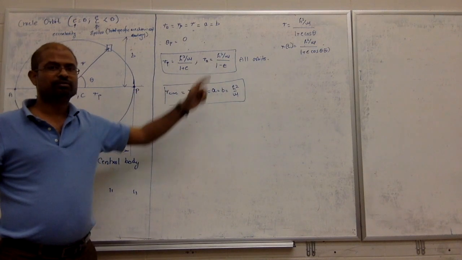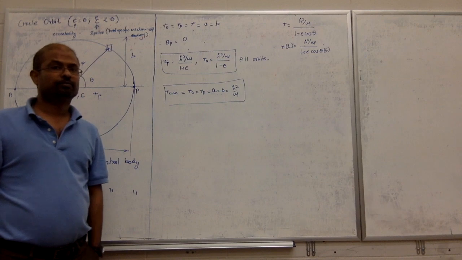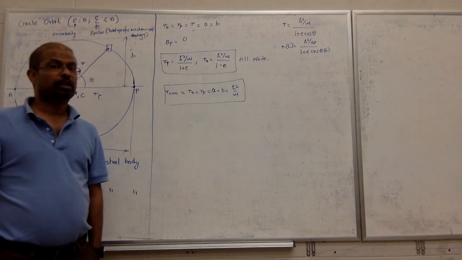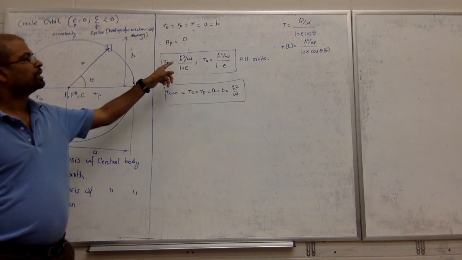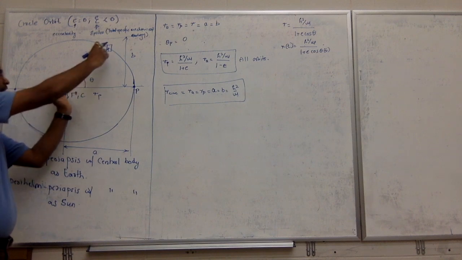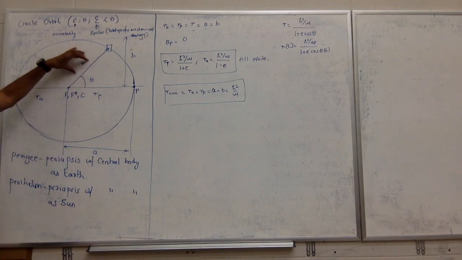How is r_A equal to r_P equal to r? r is always changing. In a circle, you have to understand what is changing here in terms of r.